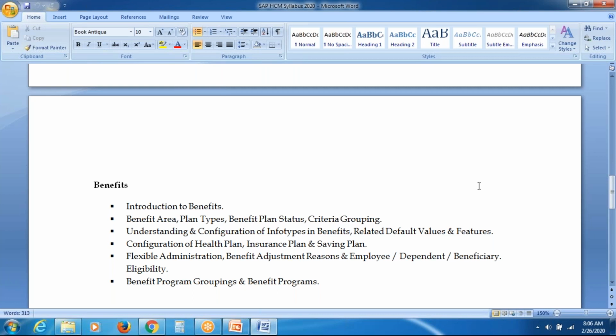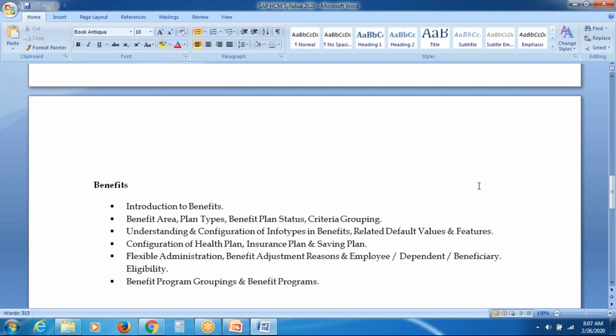But outside India, if you talk about countries like the US, there are many benefit plans that are offered to the employees, like health plans, insurance plans, savings plans, dental plans, vision plans, etc. So enrolling employees into different benefit plans is a major activity in human resources, in the benefits department.